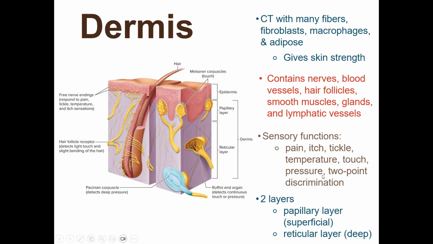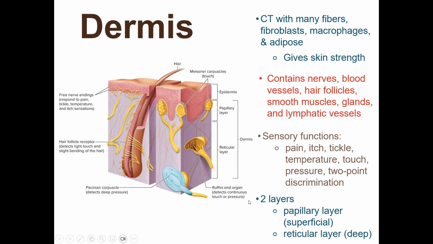This is where really all the rest of our senses are located. So we have, like I said earlier, a lot of different types of sensory receptors for all our different types of sensations. And so we talked about Merkel cells that are up in the epidermis because they detect superficial pressure and light touch, but everything else we would find down in the dermis.